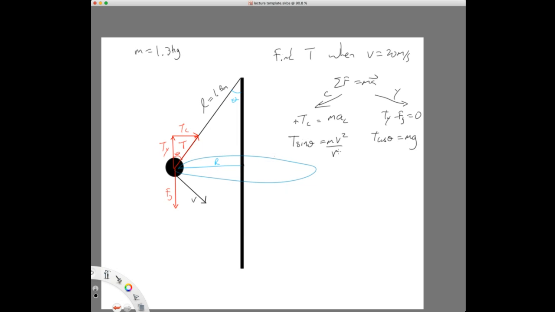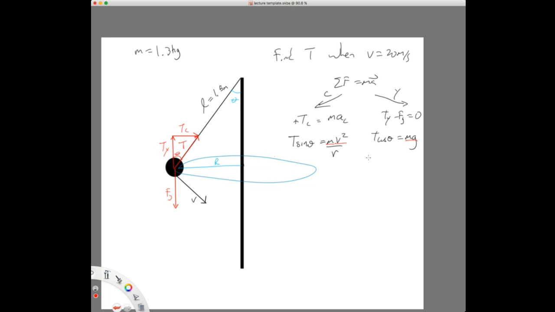Okay, so we want to solve for the tension. Well, let's see what we know. We know V, and we know the mass, M times G. And what we don't know is T or the angle.